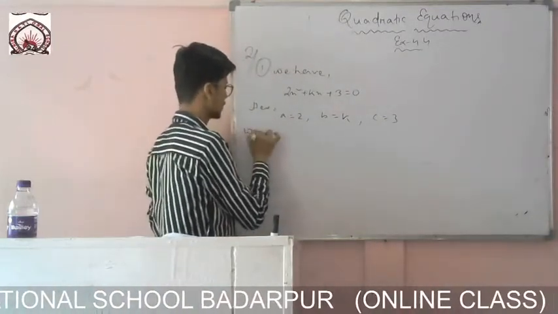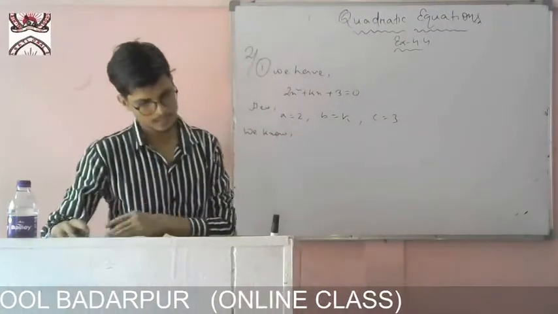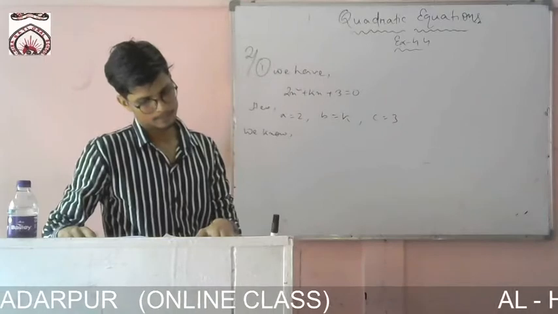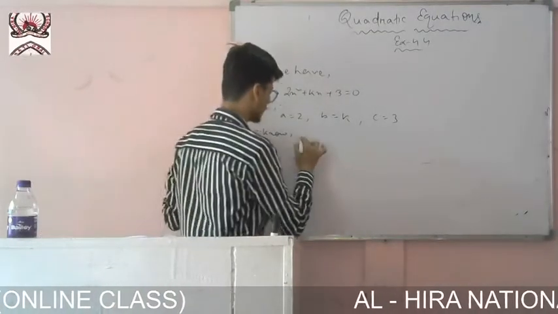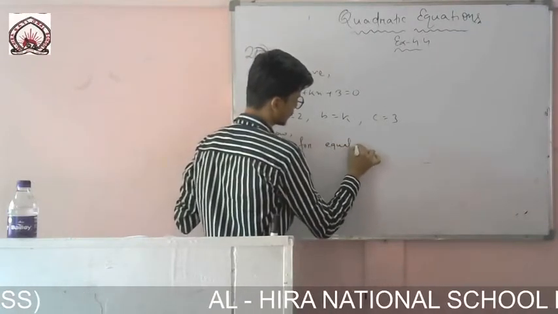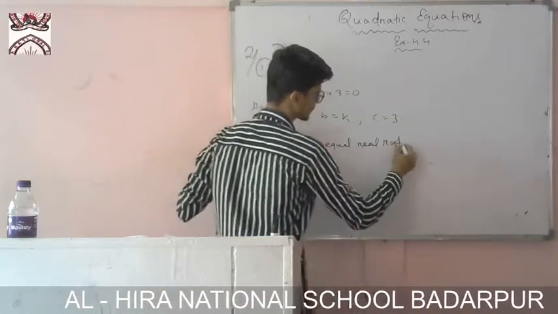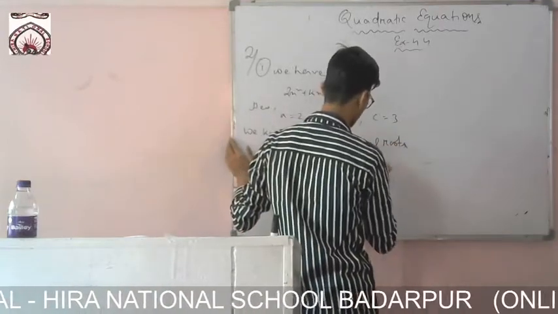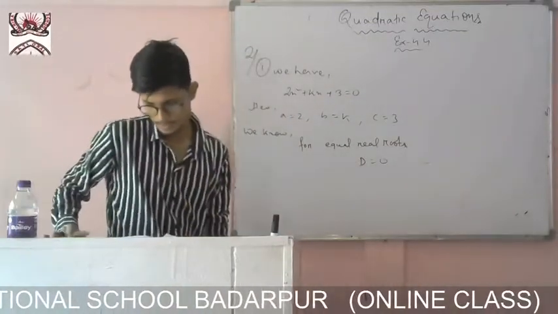So we know that here it is given that they have 2 equal roots. So we know for equal real roots, D is equal to 0, that is, the discriminant is equal to 0.